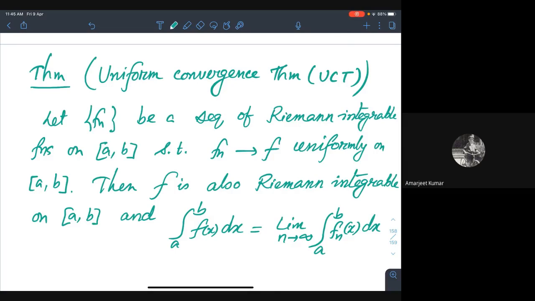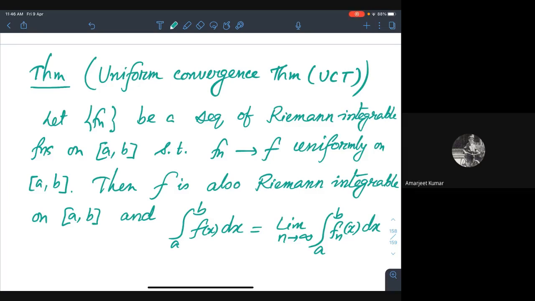All right, is this fine? The statement. This is one of the very important theorems in this course. These things will keep on coming up, and don't get confused.